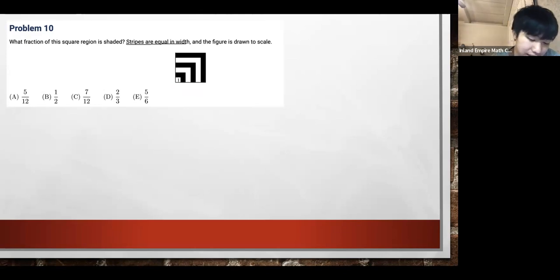Let me change this to red. The area of this section right here is going to be equal to, well, we can see that a bigger square like this would be equal to 4. So 4 minus 1 equals 3.